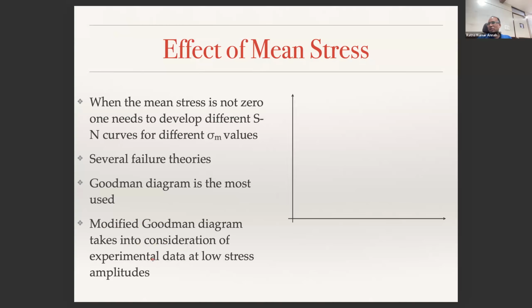Let us say sigma m and sigma a. Here I should have written SF. Don't worry about SE, which means endurance limit, but it can be used interchangeably with SF. And this is sigma y, the yield strength of the material, which I am also identifying on this same distance.